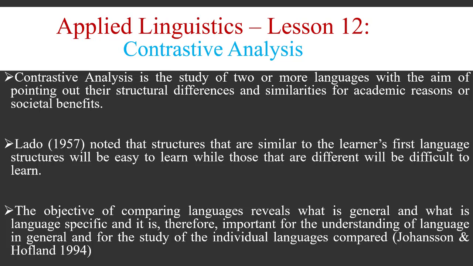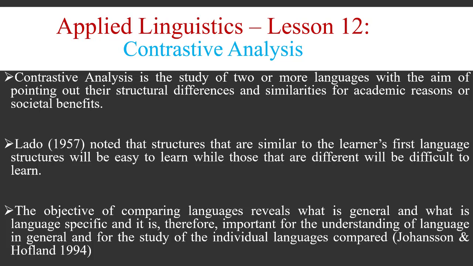Lado, 1957, noted that structures that are similar to the learner's first language structure will be easy to learn, while those that are different will be difficult to learn.